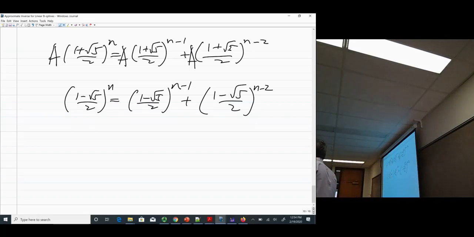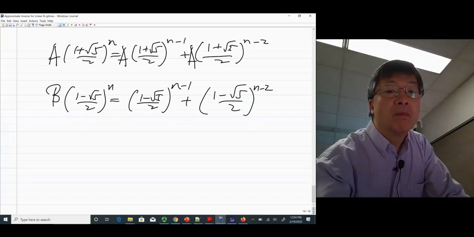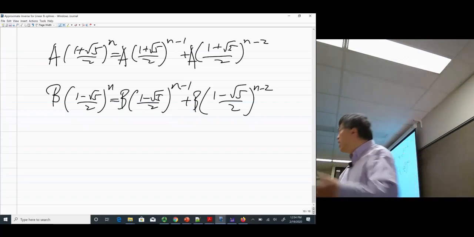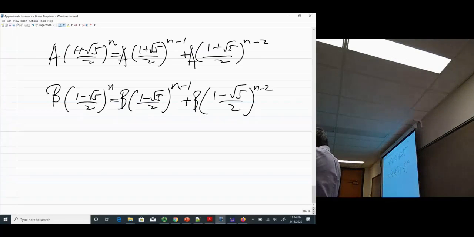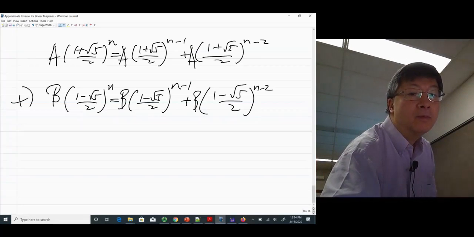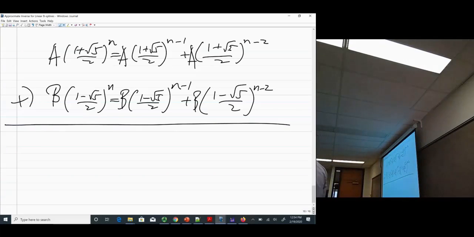B is a constant. Can I add up the two equalities? The left-hand side, is that our new form of a general solution?